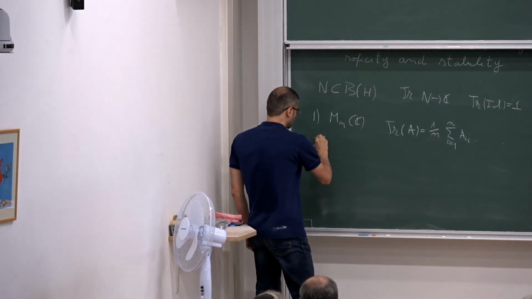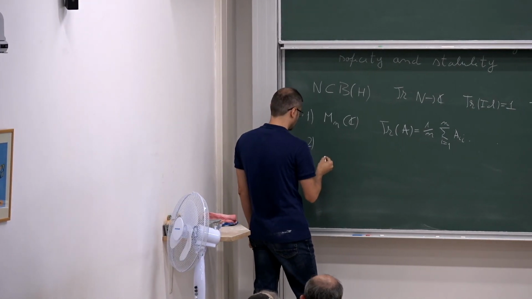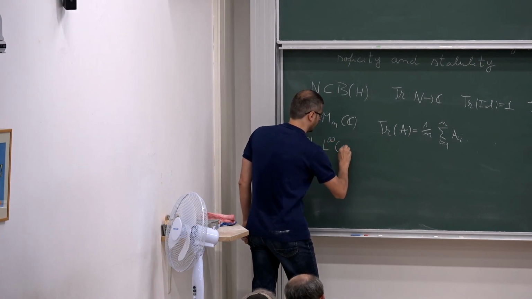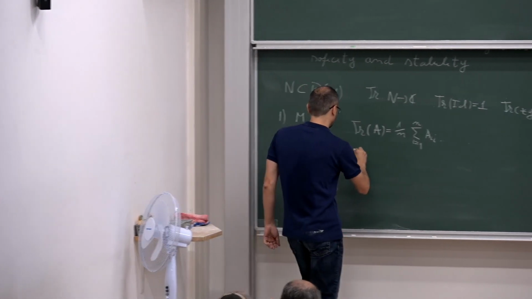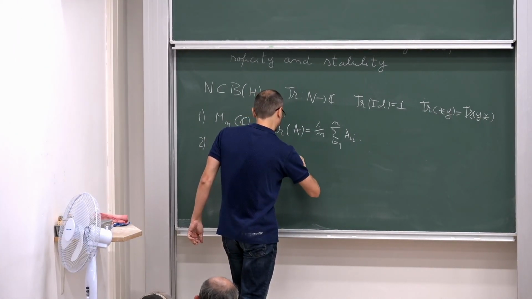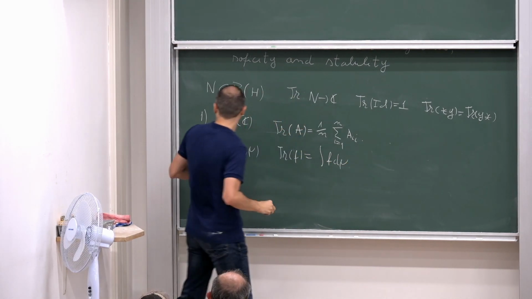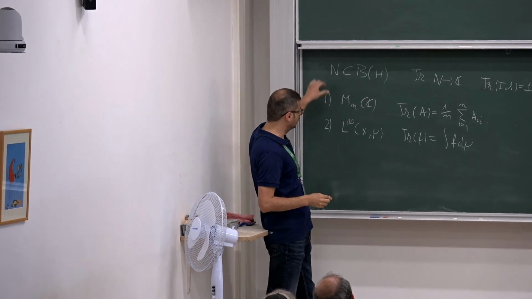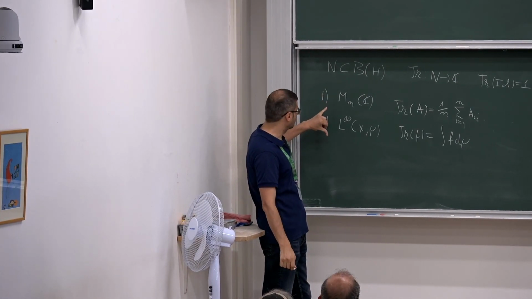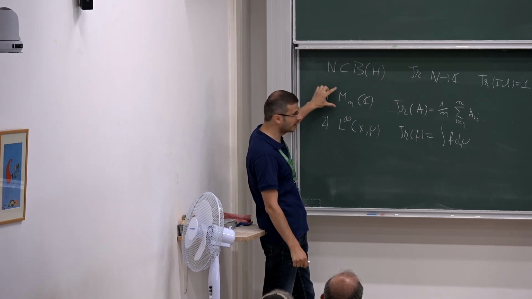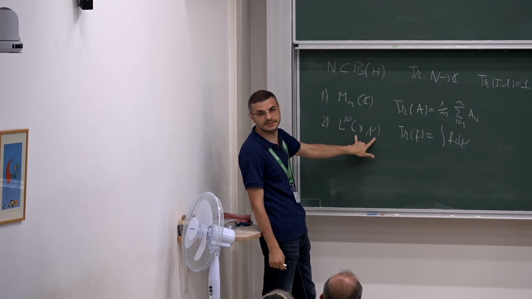Okay, the second example that we'll work with is probability spaces. So if you take a probability space, you have an abelian von Neumann algebra where the trace of a function is just the integral. And you already see the beauty of the theory, because under the same set of axioms that I didn't write, you have matrix algebras and probability spaces.